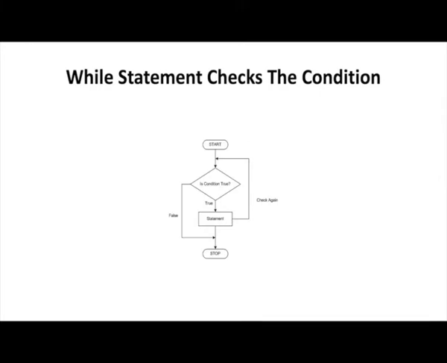In a conditional loop, the computer stops the loop execution when a condition is no longer true. In Python, you can use the while statement for this. It executes the body of the loop as long as the condition is true. The while statement checks the condition before performing each iteration of the loop.